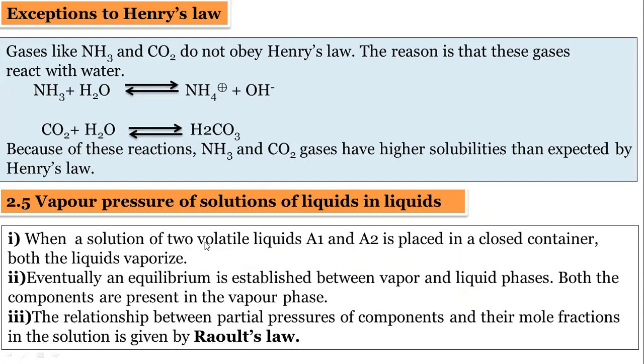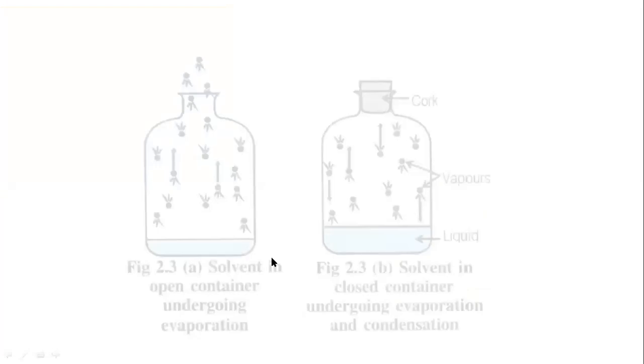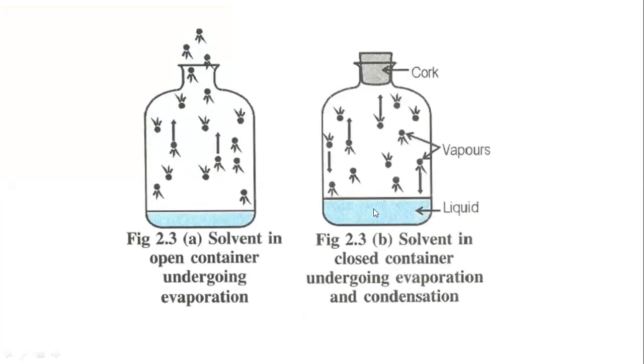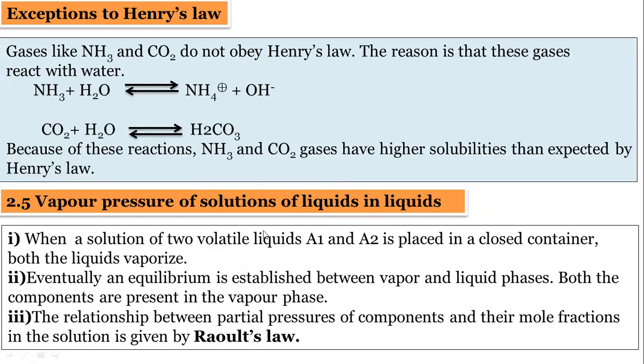So again, I am coming back to this explanation. When a solution of two volatile liquids A1 and A2 is placed in a closed container, and both the liquids are vaporized, in this container A1 and A2, two liquids are mixed and let them vaporize. So what will happen? Finally an equilibrium is established between vapor and liquid phases.